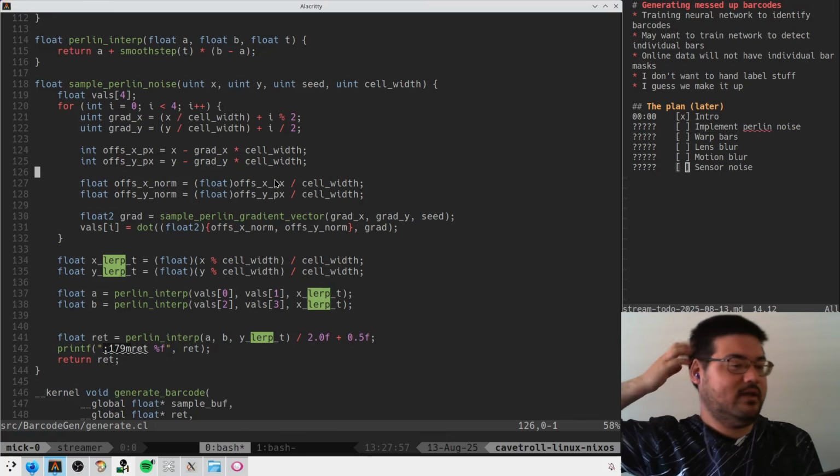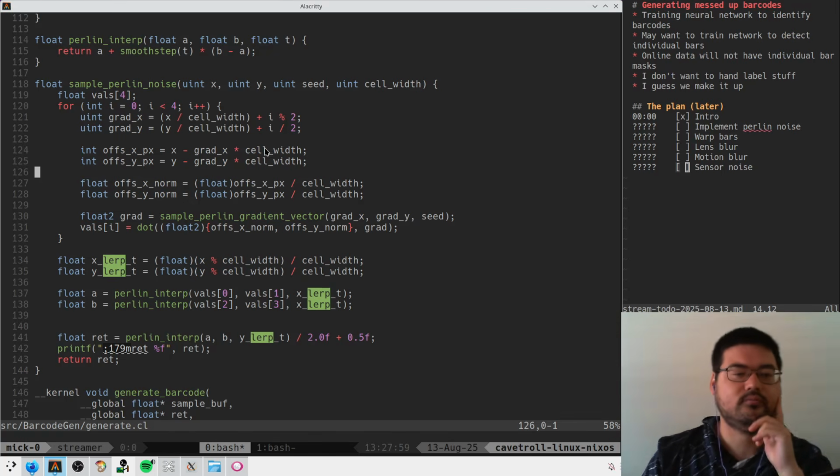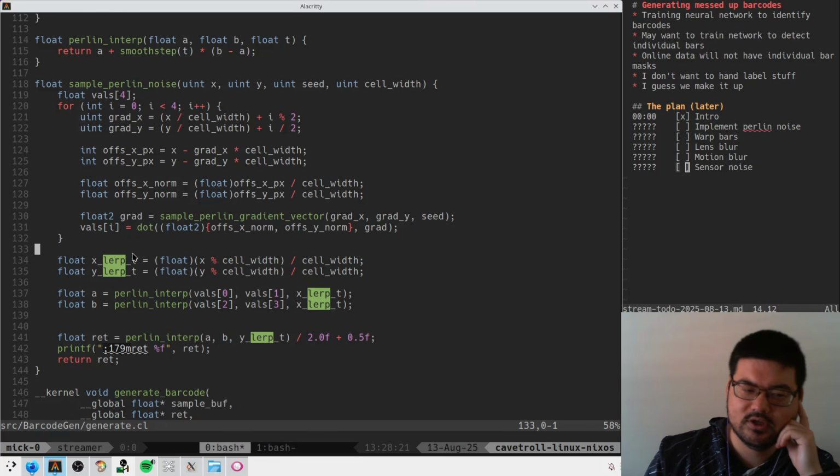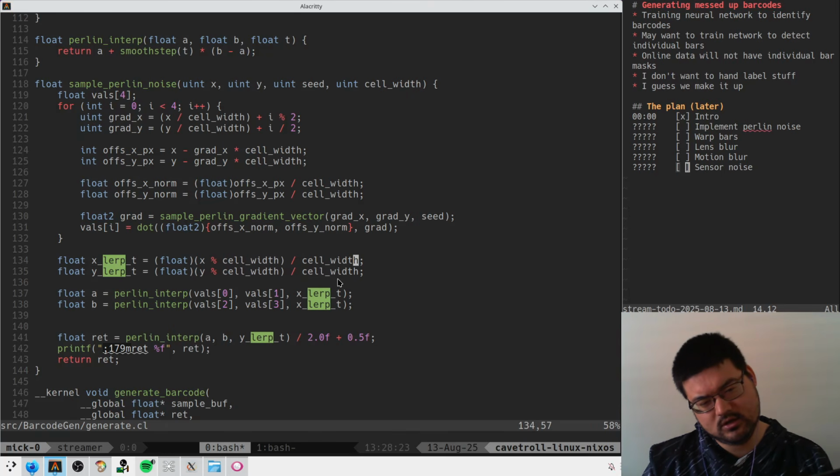So we're supposed to be saying, hey, if our x is 0 here, we should be taking almost exclusively vals 0 and vals 2. And so these will both be close to 0. And then we interpolate those, and that's fine. So is this interpolation thing correct?